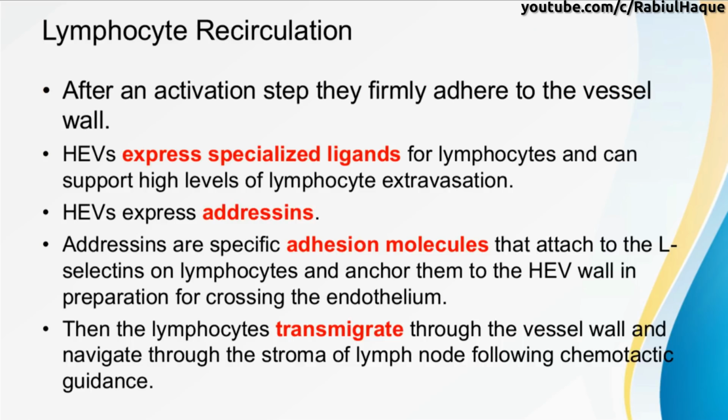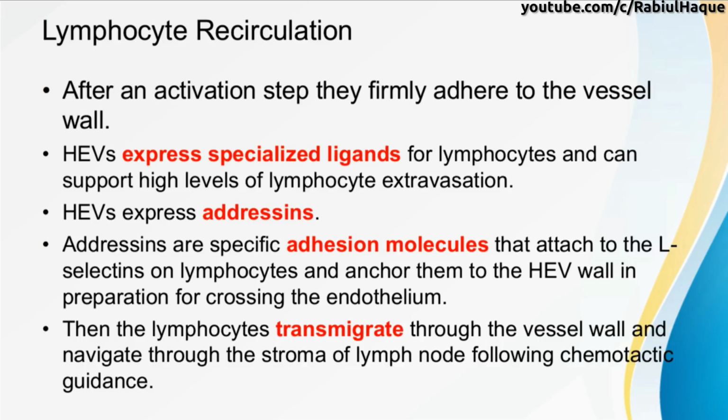What are addressins? These are specific adhesion molecules that can attach to the L-selectins on the lymphocytes and anchor them to the high endothelial venule wall in preparation for crossing the endothelium.